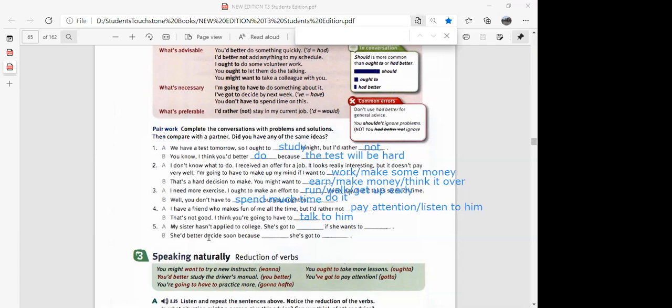Got to study more. Start doing it. Check the sentence. My sister hasn't applied to college. She gotta to start doing it. Yes, start doing it.